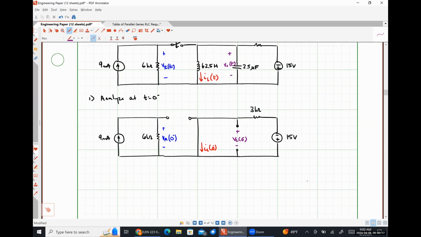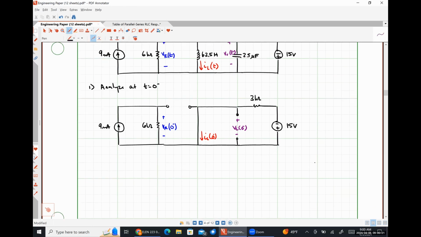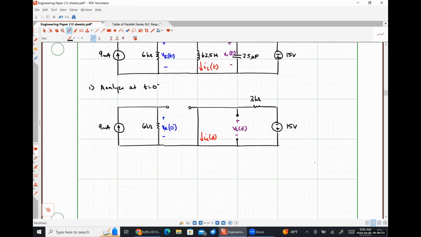Somebody hit me with what you think some of these quantities are going to be. Let's start with one that I think is real easy. What's VC of 0 minus going to be?